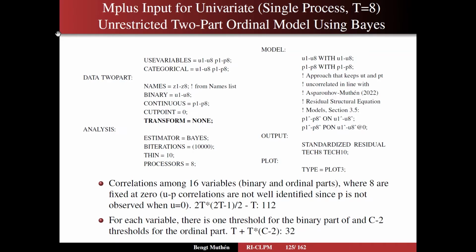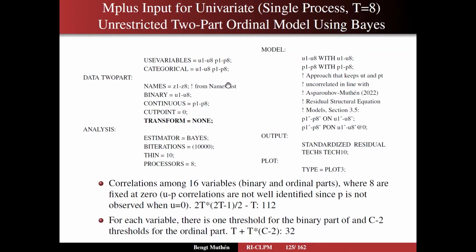Here's the Mplus input for how you do this single process unrestricted two-part ordinal model using Bayes. The USEVARIABLES that you will analyze are binary variables that we call U, and the ordinal variable parts that we call P. And they are all categorical. And then we use DATA TWOPART, which functions in the following way. You have a NAMES list here of variables.